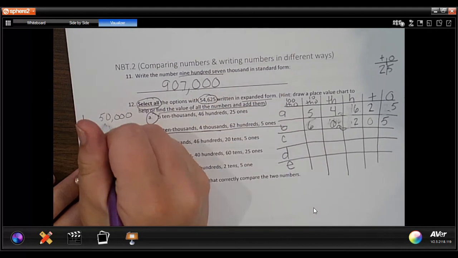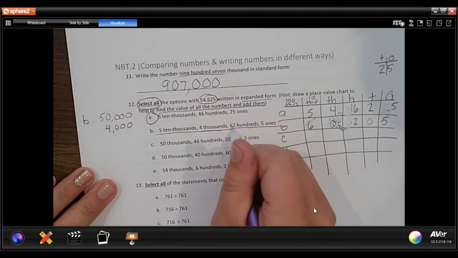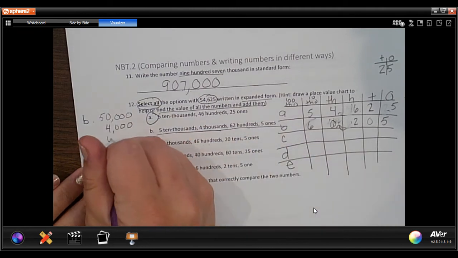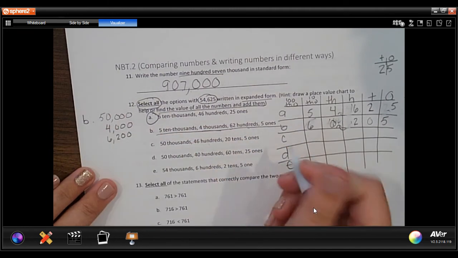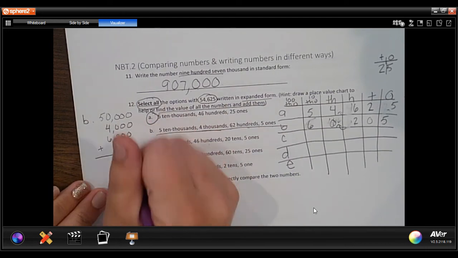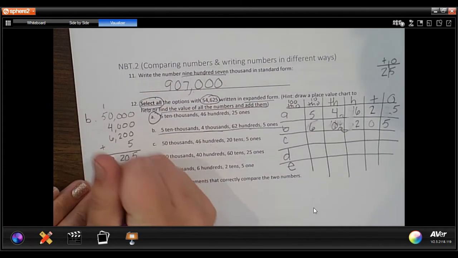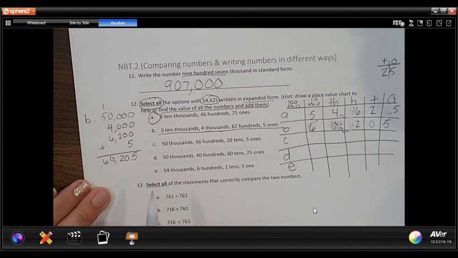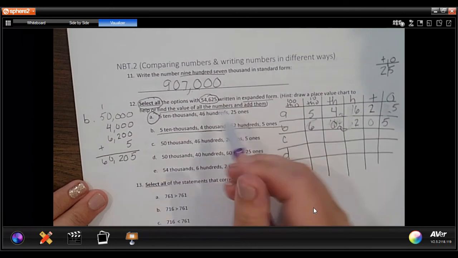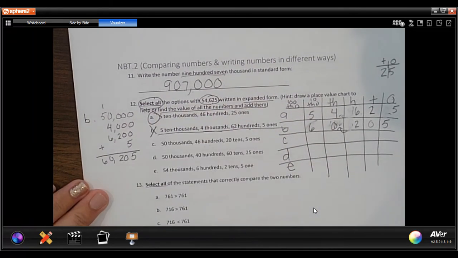So 4 thousands would just be 4,000. 62 hundreds, 62 times 100 would give me 6,200. And 5 times 1 would give me the answer of 5. So now I will add them. 5, 0, 2. And I get 60,205. 60,205 is not the same as that one, so I will X that one out.